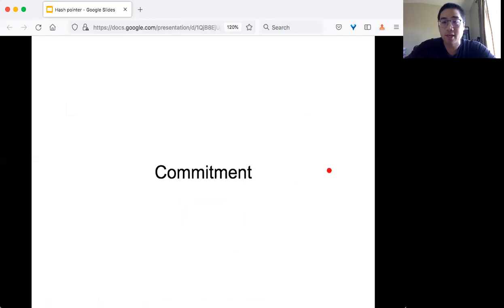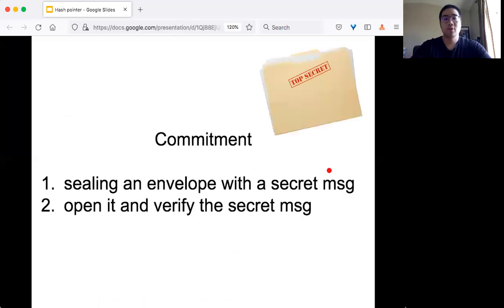And the second application is called commitment. In the real world, how does commitment work? You can think of it as having an envelope and some secret message. We just put the message inside the envelope, seal it, and send it to someone else. And that's the first step: I commit to the secret message. One important thing about this envelope is that the messenger who takes the envelope should not know what's inside.